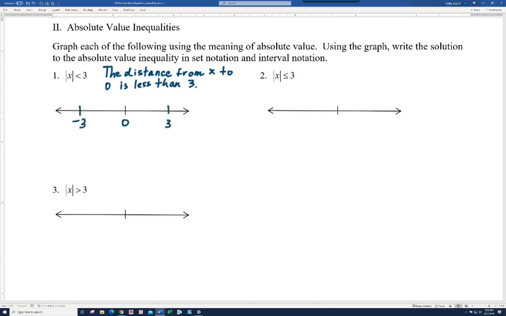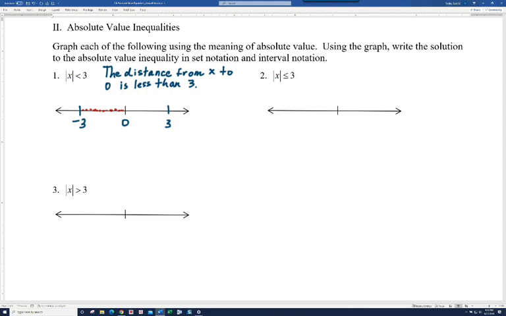So let me go ahead and plot 3 here. And so basically, notice like -1, -2, these are values, or these are locations on the number line that have a distance from 0 that's less than 3. In fact, we'll go all the way up to -3, but all these points in here have a distance from 0 that's less than 3 units.